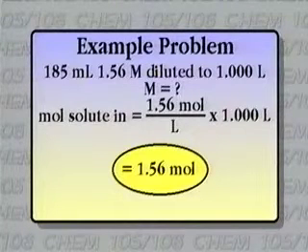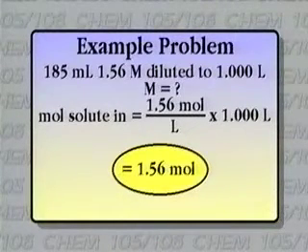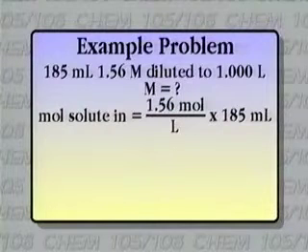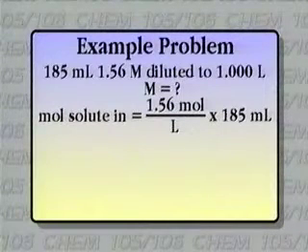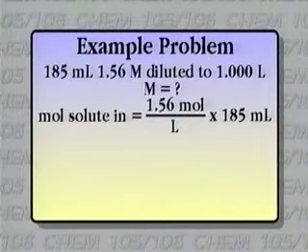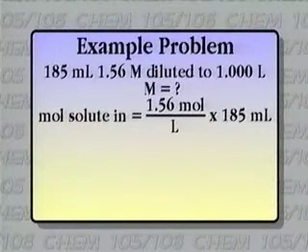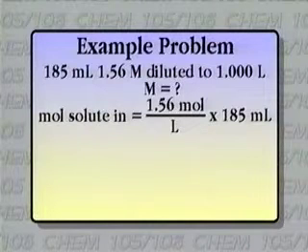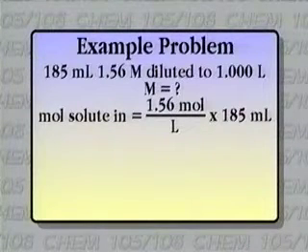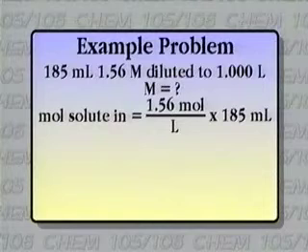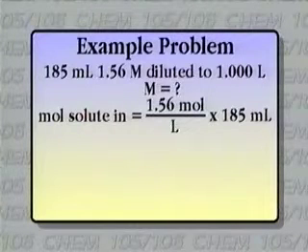Oh, I'm sorry. X that out. We'll start again. The moles of solute initially is 1.56 mole per liter multiplied by 185 milliliters. This is what we're starting with.